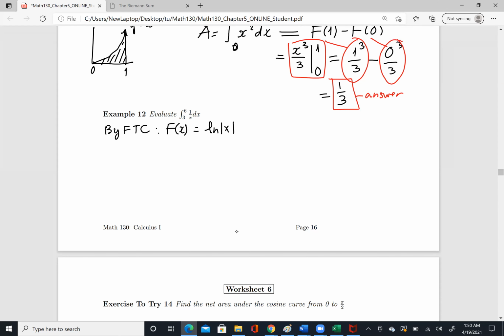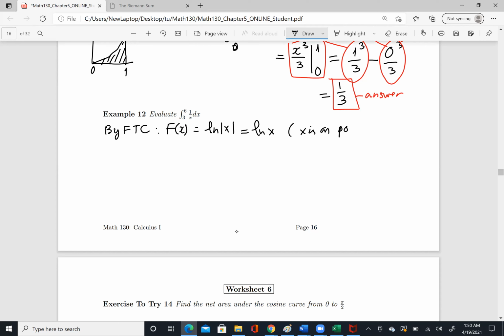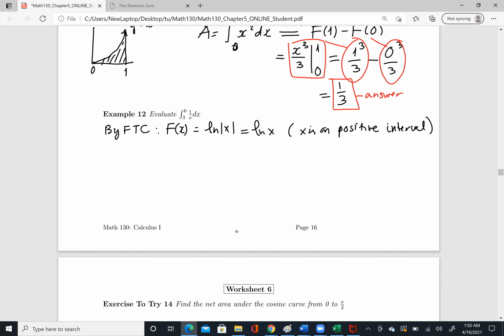Really, we can just write ln x only, because here we are considering x from 3 to 6, so x is on a positive interval, so we don't have to worry about the negative sign anymore.